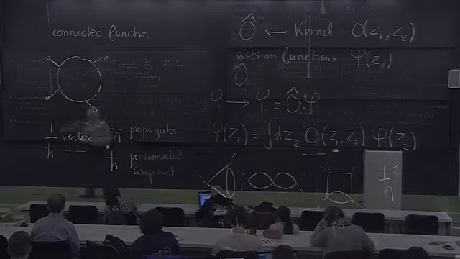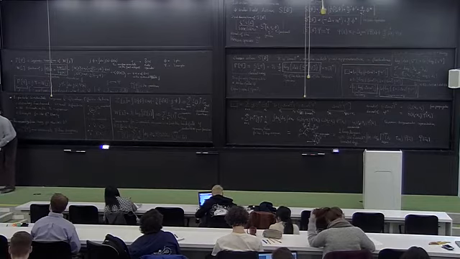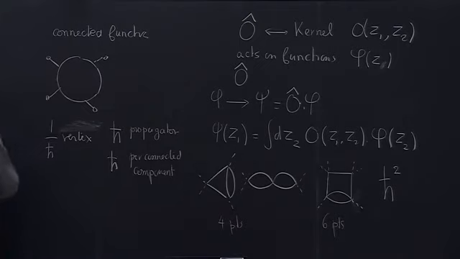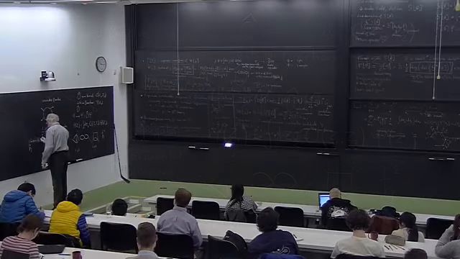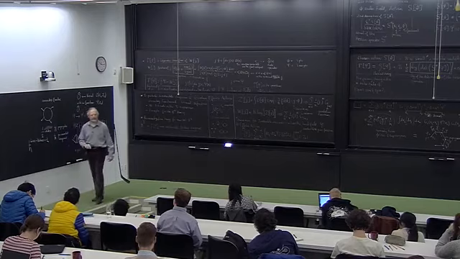So the total weight of any diagram is h bar to the power the number of lines minus the number of vertices plus 1.